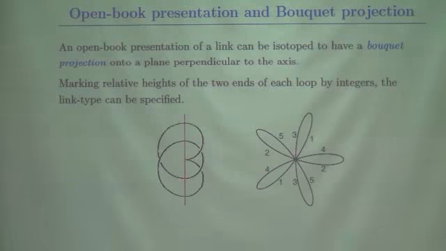So 4, 2 is connected to 2, 5, and then 5, 3, and then 3, 1. Arc presentation can be given in many different ways.